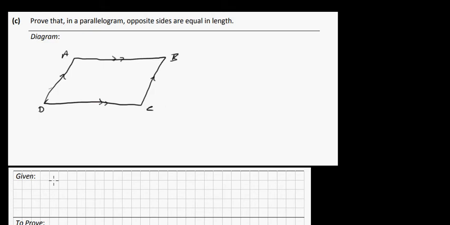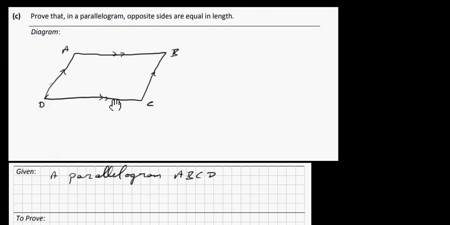So what are we given? We're given a parallelogram A, B, C, D, and we can also say that AD is parallel to BC. We can say that AB is parallel to DC.